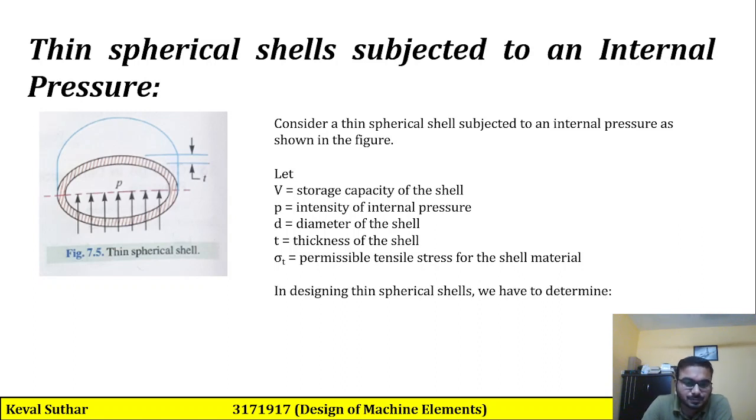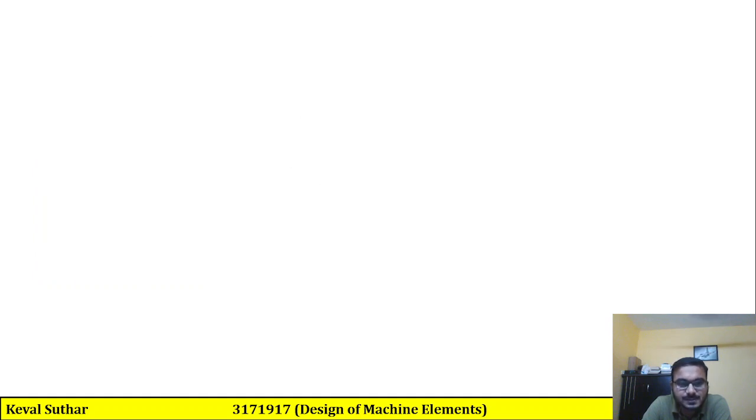Now, in designing thin spherical shells, we have to determine first the diameter of the shell and second the thickness of the shell. So we will evaluate these two dimensions. First will be the diameter and second will be the thickness.